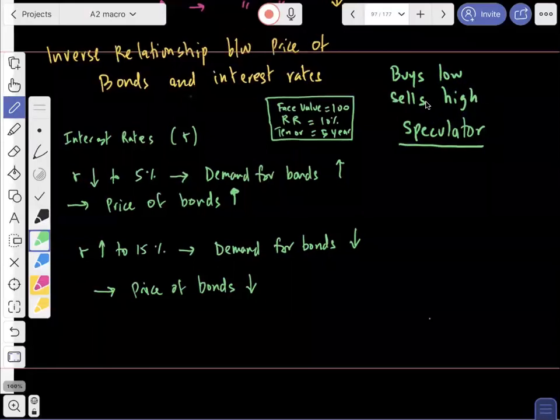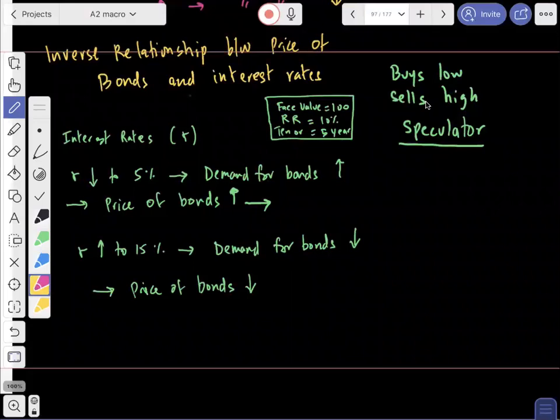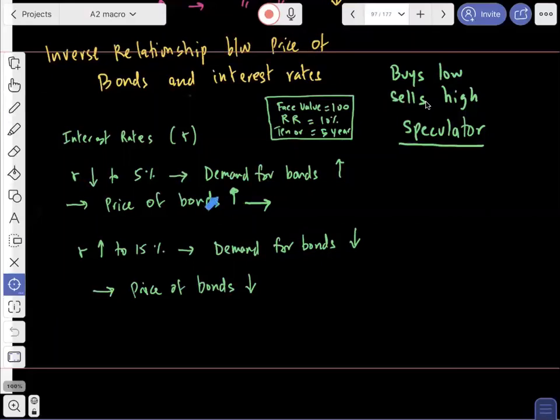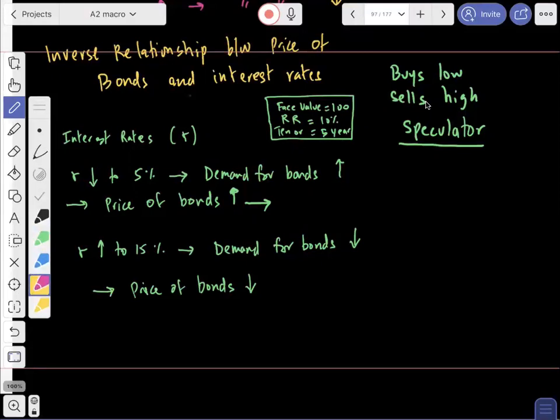So when the price of bonds is going up, what should the speculator do? My question to you guys, if you can write me the answer: if the price of bonds is going up, and you're a speculator who's holding bonds, what should you do? Anyone who can answer me, what should you do? If you're a speculator, you should be selling.